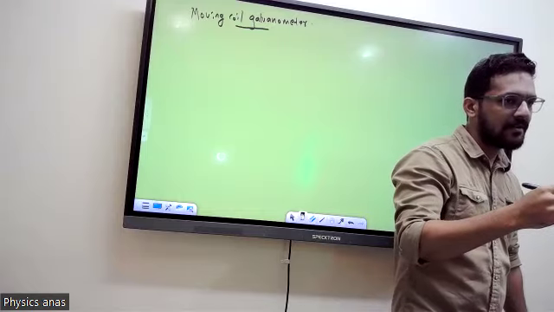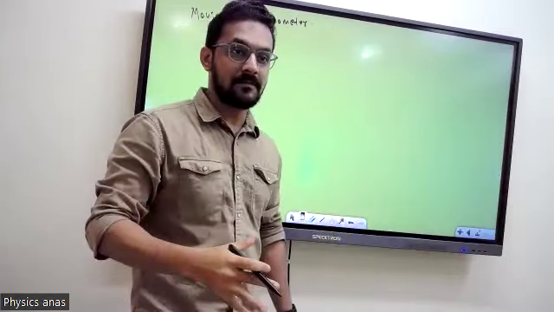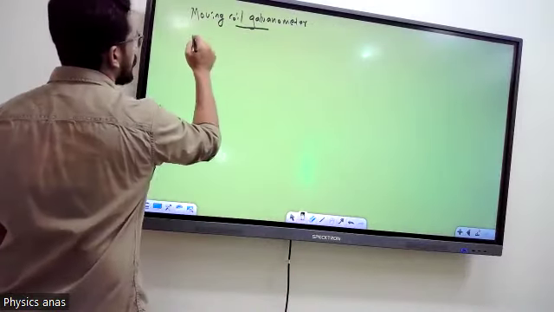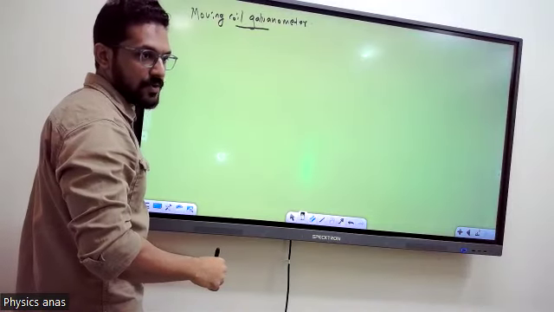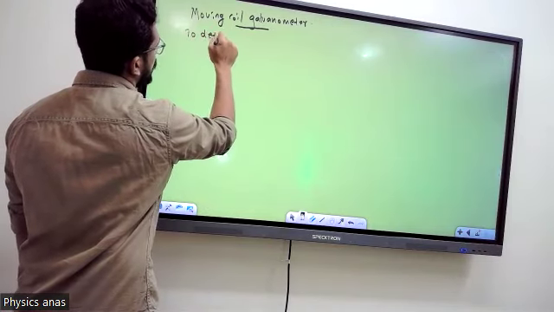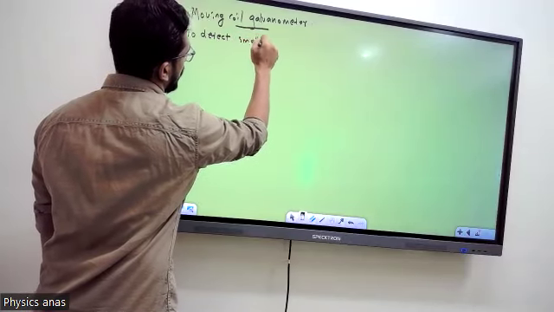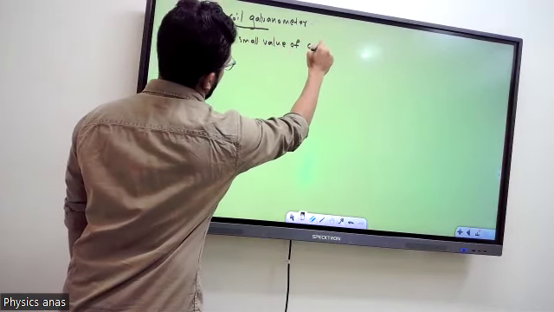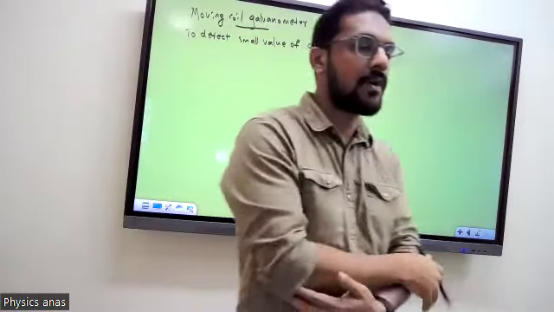To detect very small current, the direction and value of very small current. That's the moving coil galvanometer, or MC galvanometer, used to detect small values of current.